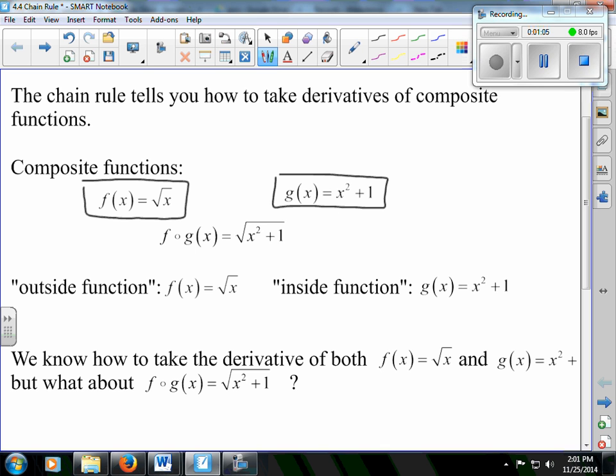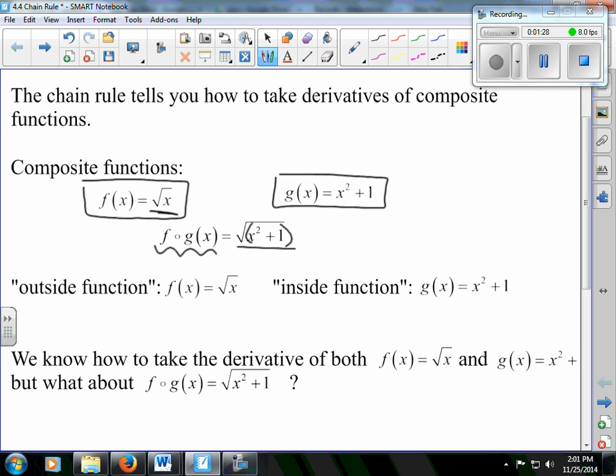What the chain rule will teach you is how to take the derivative of f of g of x, when you not only have the square root of x, but you have the square root of x squared plus 1, where your inside is not a simple x, but rather it's some other function.